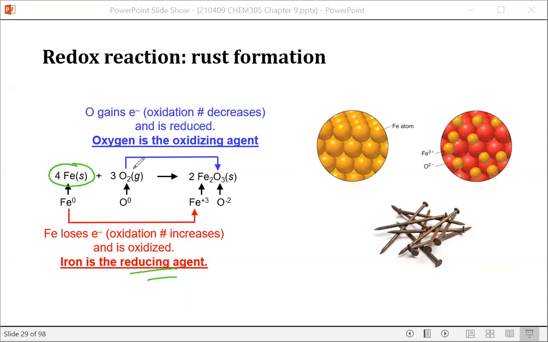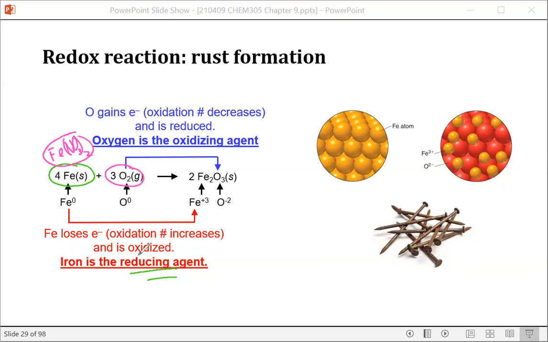And then oxygen was reduced, but it helped facilitate the oxidation of iron. Iron was oxidized, so we call oxygen the oxidizing agent. And if these elements were part of a compound, let's say we had iron nitrate, the whole compound will be called the agent.